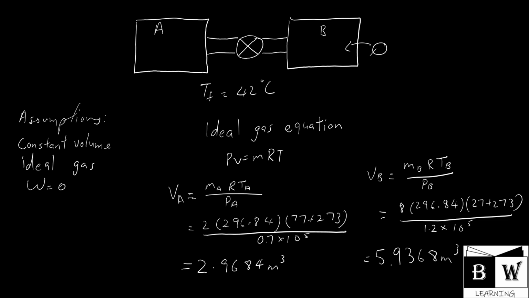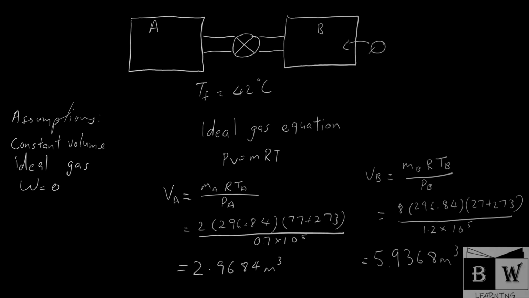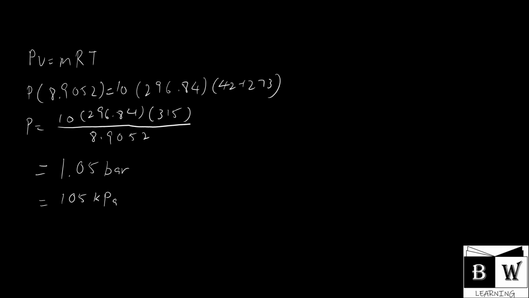Since this is a constant volume problem, after we open the valve, the volume should be the same. That means the volume of A added to the volume of B is constant. So this volume, 8.9052, is the sum of VA and VB.